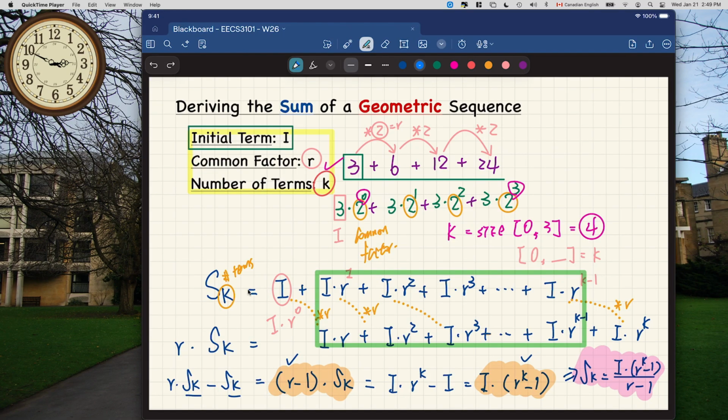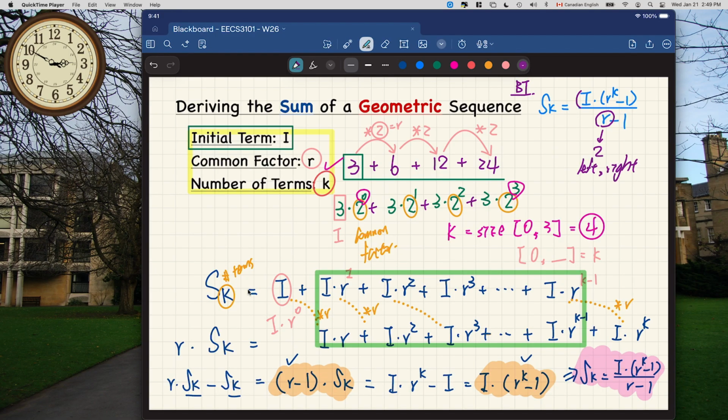When we say sk is equal to this formula, that will be I times r to the k minus 1 over r minus 1, right? What about in the case of binary tree? In that case, r, the common factor, will be 2, right? Because every node can have a maximum of 2 children. So that'll be 2. Left and right, basically.